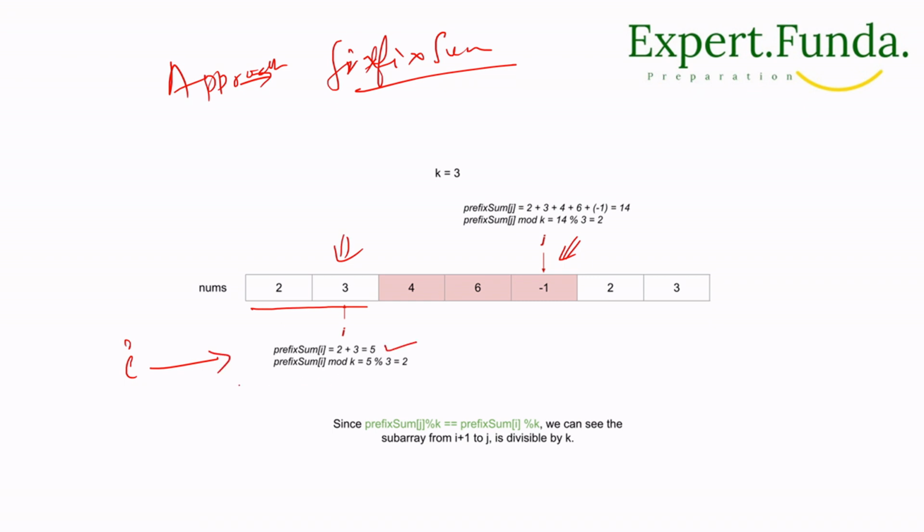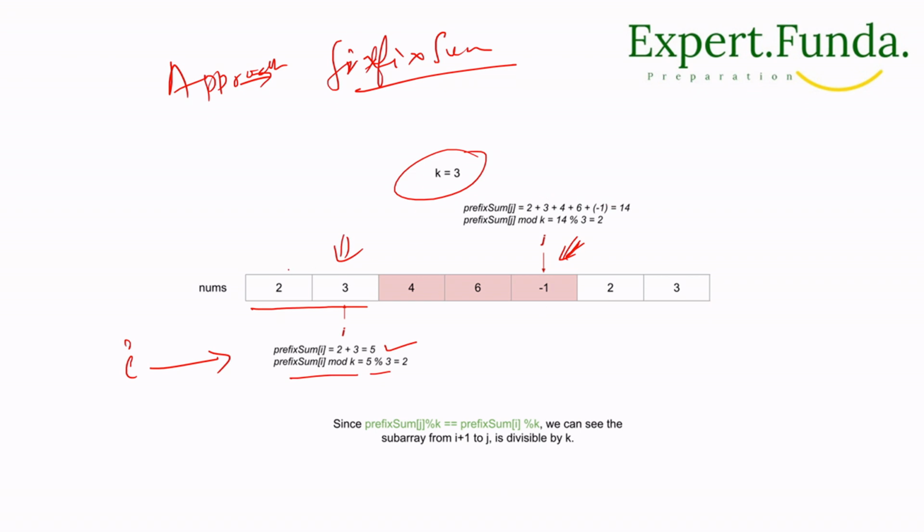And if we take the prefix sum mod k, 5 modulus 3 is equal to 2, because we are given k equal to 3. So this will come 2. The prefix mod k is not zero. Let's suppose we have another j at this position, and we have -1 at that value.